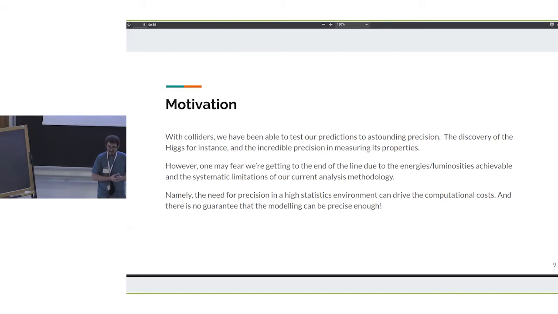Because we need such a high precision in such a high statistic environment, the computational cost can be driven through the roof. And also, there is no guarantee that the modeling is appropriate at this level. There is no guarantee that if we pump up the Monte Carlo, we'll get the precision that we need to model the background properly. That's usually the problem.